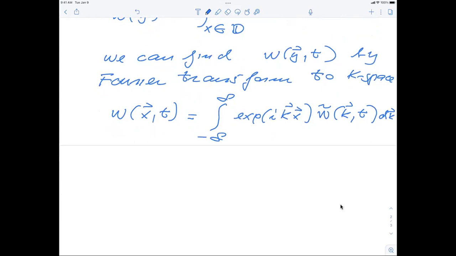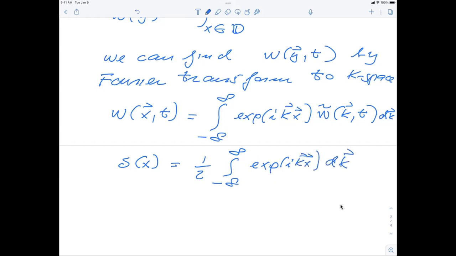The useful thing now is that the delta function has a representation given by exponentials. So if we look at the delta function, this is going to be given by the exponential of ik x, integrated over k, the domain of values of k here.